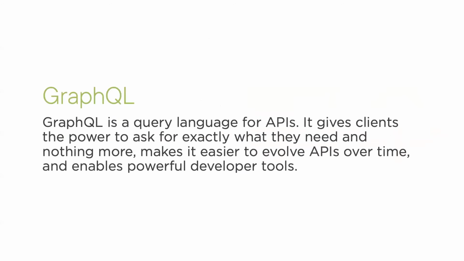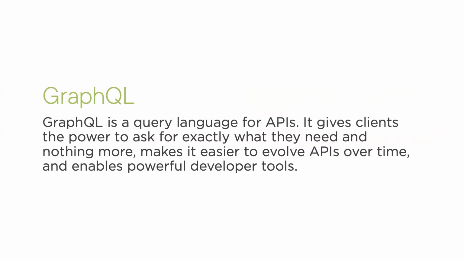Before we talk about the Apollo Client, just to give you a quick summary on GraphQL, GraphQL is basically just a query language for APIs, and it gives clients the power to ask for exactly what they need and nothing more. The queries that you write with GraphQL are tailor-made by the client, and it could be different per client, making it easier for you to evolve APIs over time.